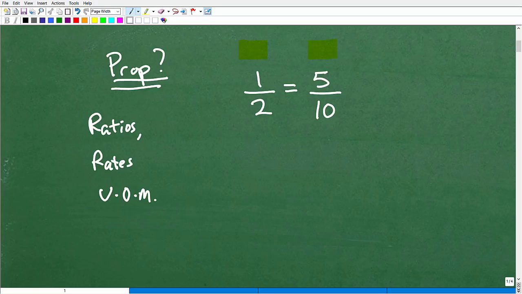Now, once something is established to be a proportion, the best way to solve any proportion is to use what we call the cross product. And that's what we're going to be using in this problem. Now, let's just look at this word cross and product, right?